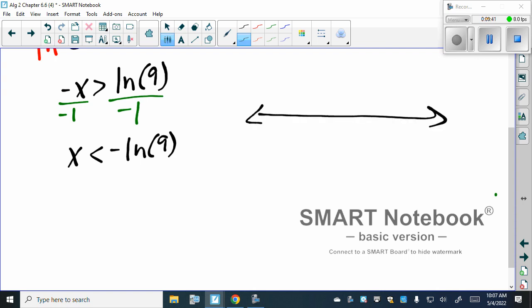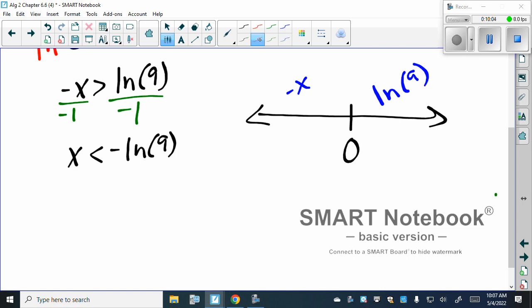The best way I can explain this, we'll put 0. So the x value, so negative x, would technically be over here, yes? I mean on a number line. ln of 9, a positive number, would be over here, yes? Well, if I divide by -1, I don't have negative x anymore.